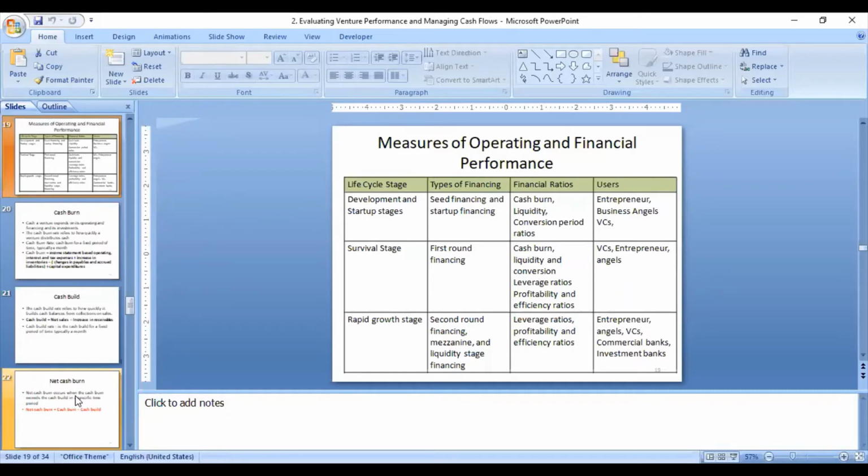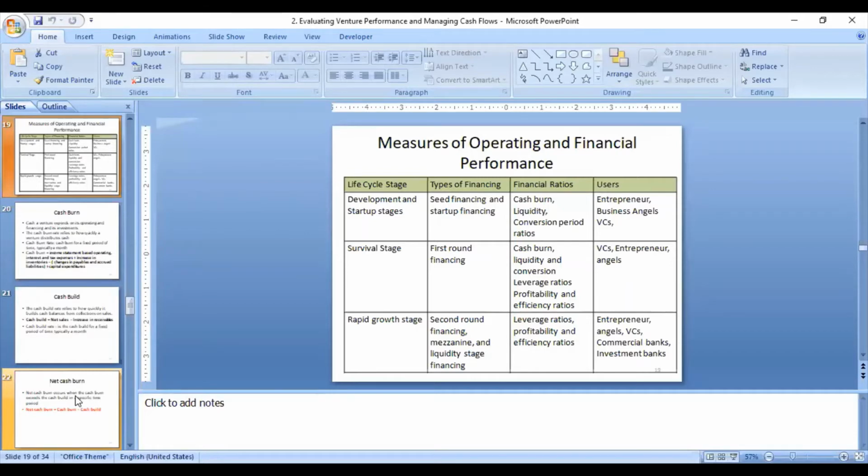So the important ratios are basically cash burn rate, or the net cash burn, which we can calculate using this. Liquidity conversion period ratios measure the liquidity. So we can use those ratios basically. The users are the entrepreneurs, initial equity providers, and sometimes business angels like venture capitalists.